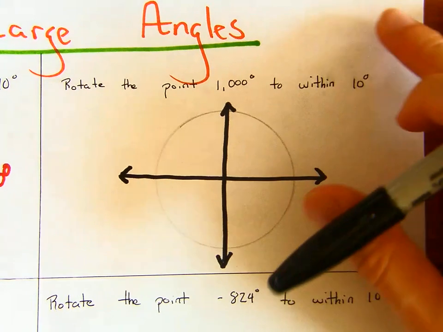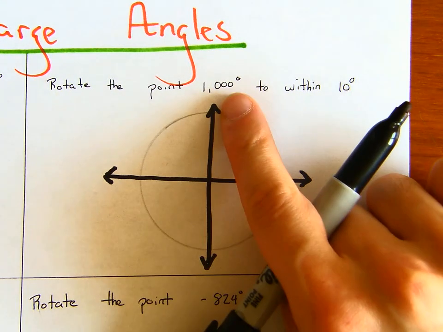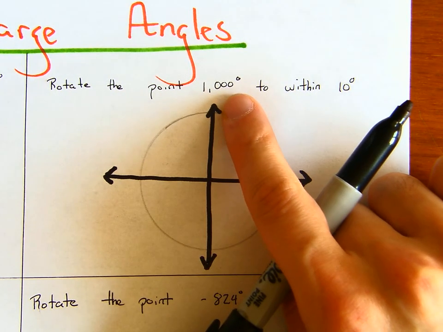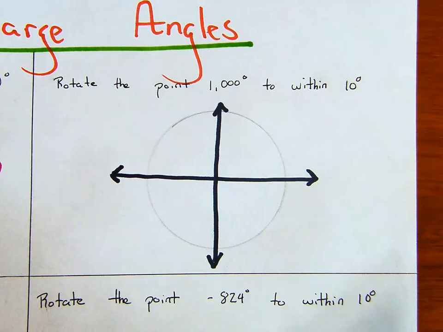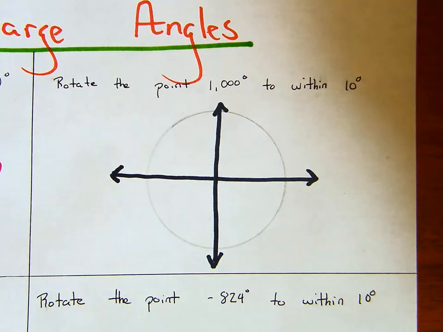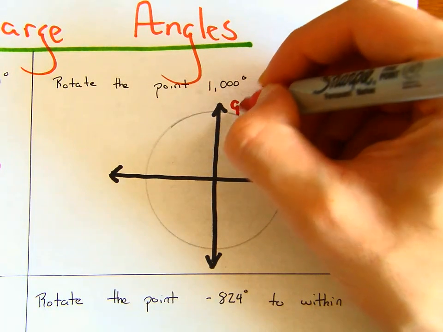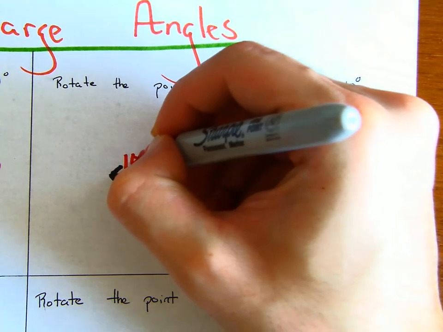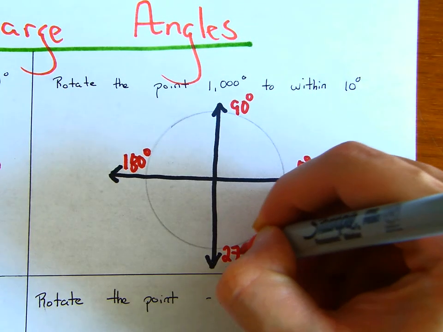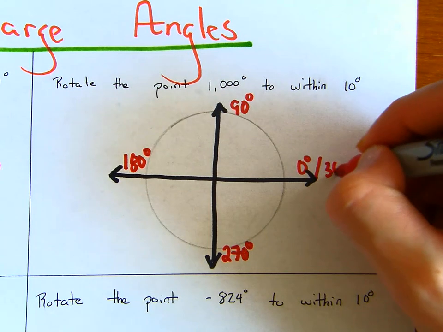Here, it's saying rotate 1,000 degrees. What will happen here? Let's start with what we know: 0 degrees, 90 degrees, 180 degrees, 270 degrees, 360 degrees.